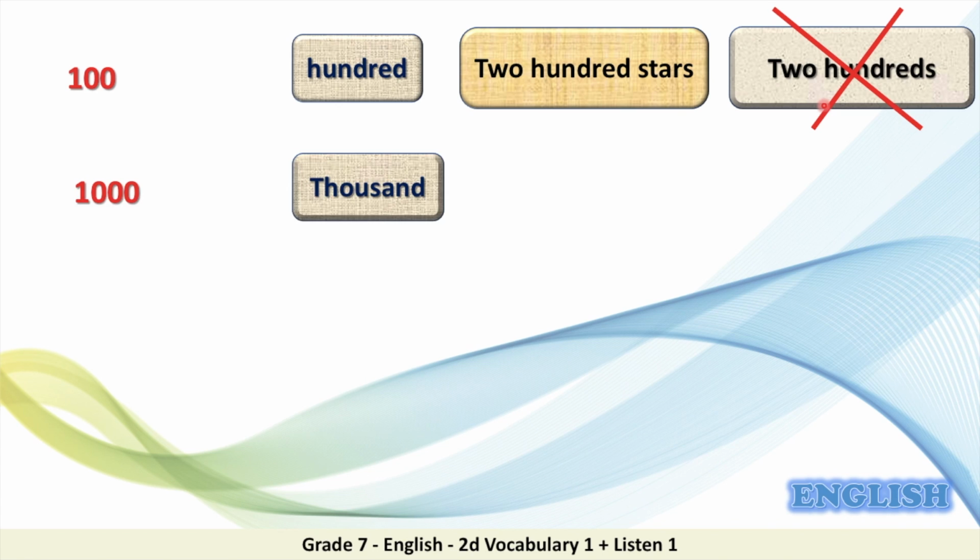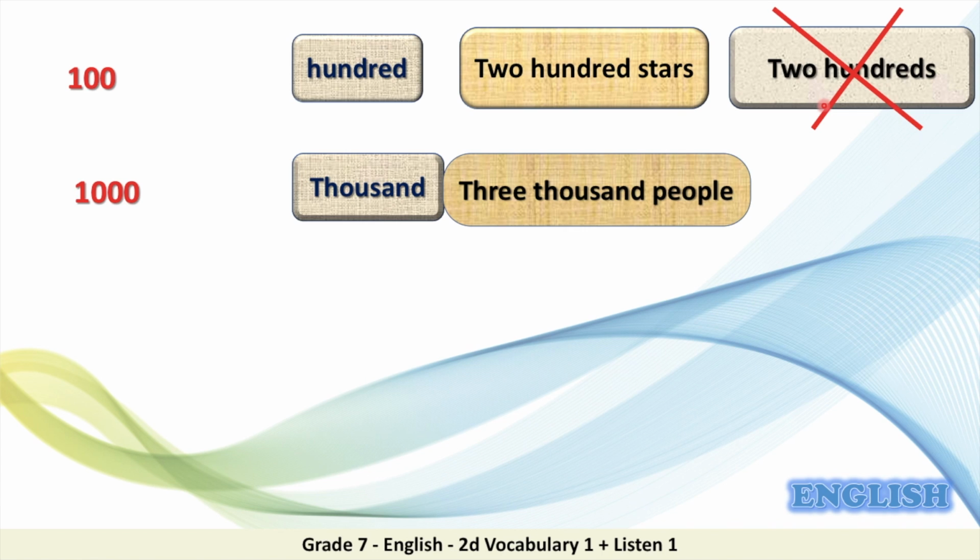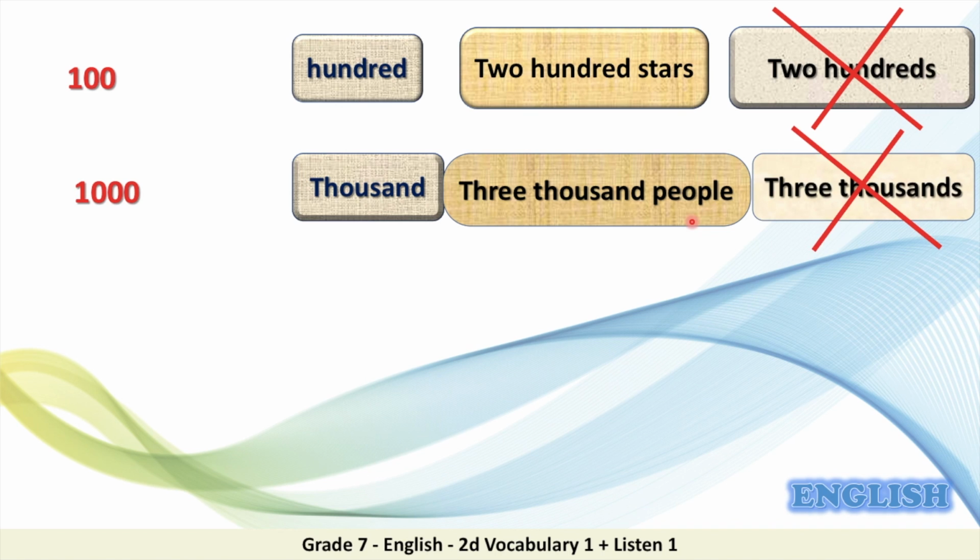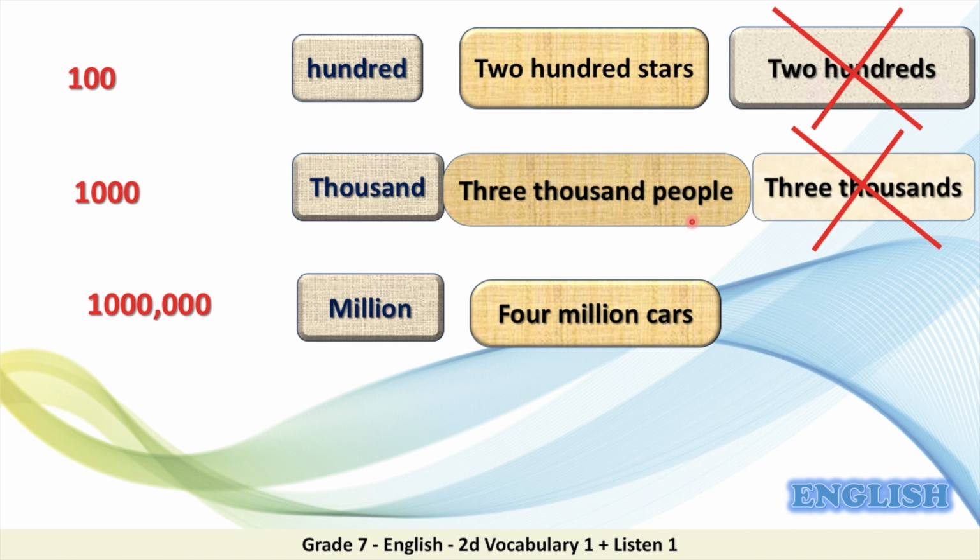1000. For example, 3,000 people, not 3,000s. Million. You read it 4 million cars, not 4 millions.